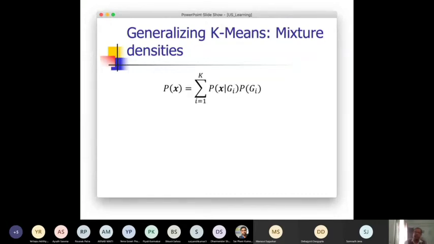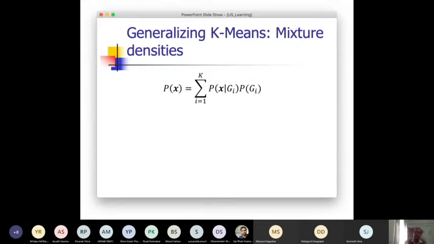Just mathematically we can represent it in this form: if I consider x as the corresponding feature vector, then probability of x can be considered as the sum of joint probability of x and different density functions, different processes which are represented by the probability density function.